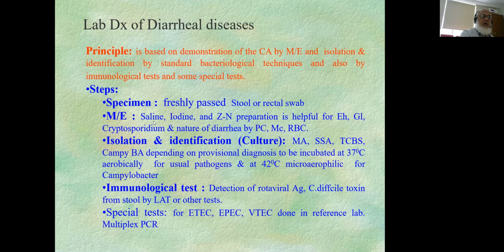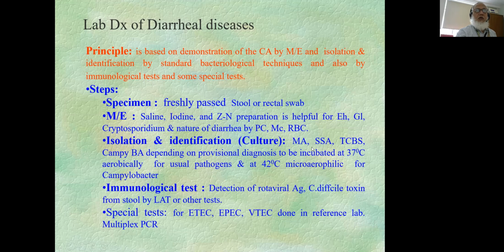Microscopy of saline, iodine, and gel enzyme preparation is helpful to diagnose Entamoeba histolytica, Giardia lamblia, Cryptosporidium, and to determine the nature of the diarrhea by seeing pus cells, macrophages, and RBC. Presence of pus cells, macrophages, and RBC will give you a clue that the diarrhea is invasive.